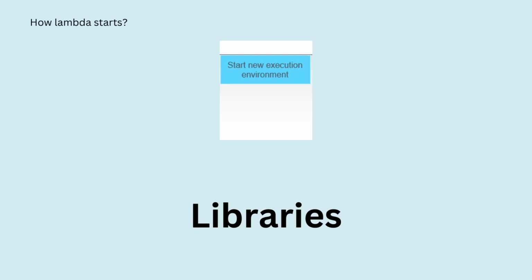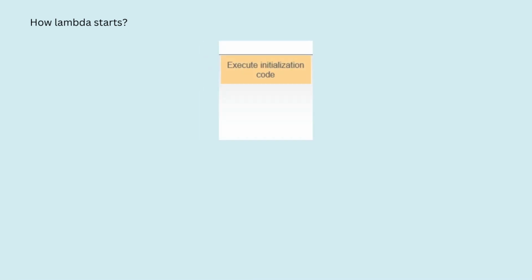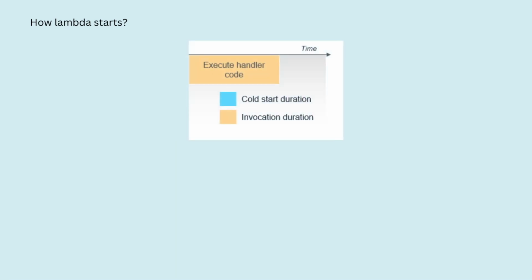If AWS finds any ready-made image in the ECR which matches our requirement, then AWS launches the same image. Number 3, it initializes the code which we have uploaded. Here, Lambda only initializes the code and does not run it. Number 4, after initializing, it runs our handler code.